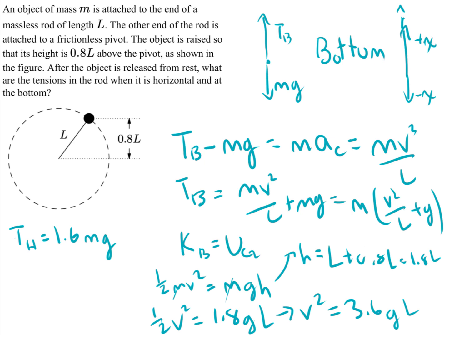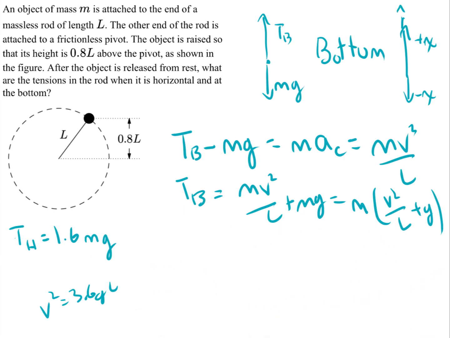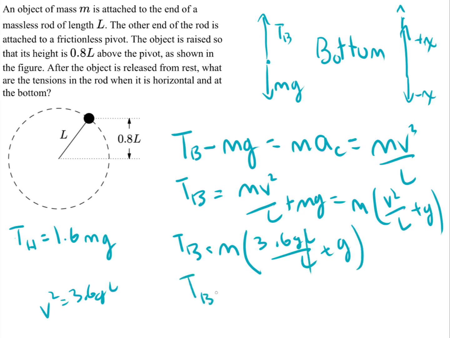So if v squared is equal to 3.6 gL, then we can plug that back into our original equation. So the tension at the bottom is equal to mass times 3.6 gL over L plus g. So again, the L's cancel. Tension at the bottom is equal to m times 3.6 g plus g.